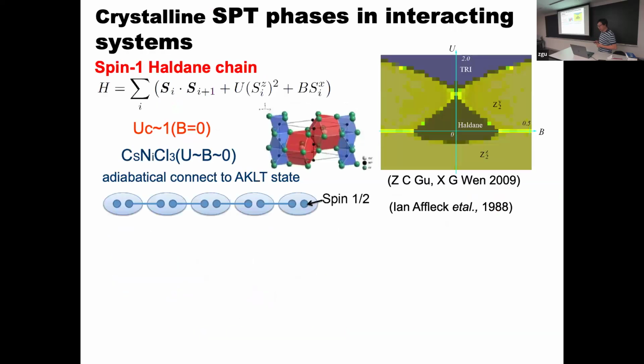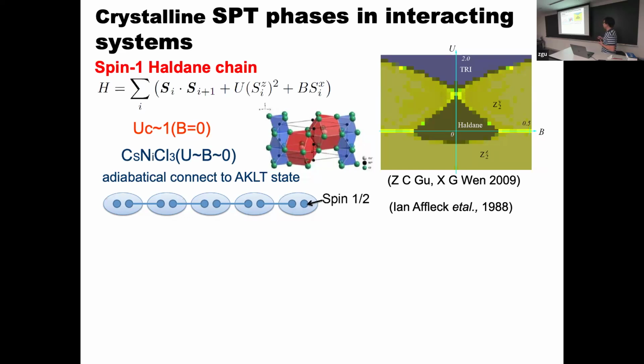So that's when I first heard about this and tried to learn from that time. But from the material point of view, we also understand that this kind of crystalline SPT phase widely exists in interacting systems, not necessarily limited to free fermion systems. Just to give you a very simple example, this is the so-called spin-1 Haldane chain, and for a long time people understood it to be some kind of SPT phase, right?